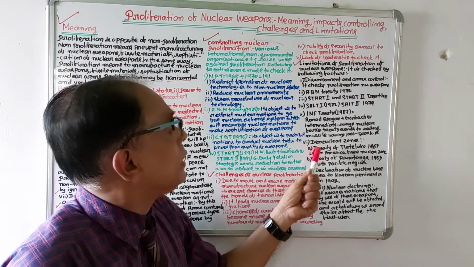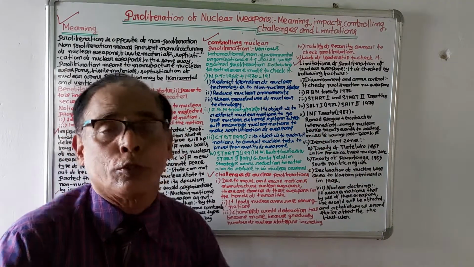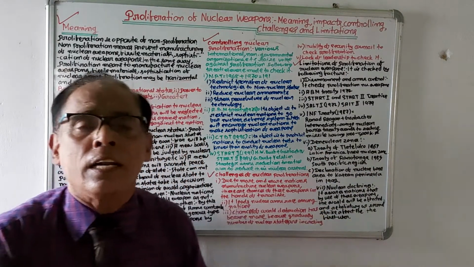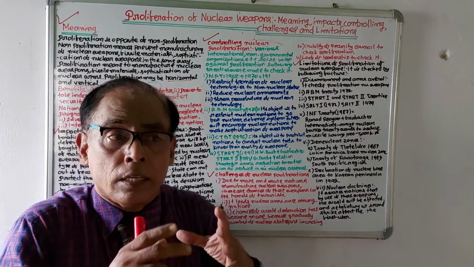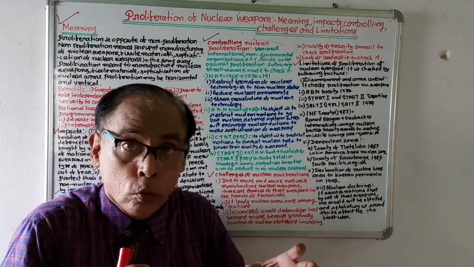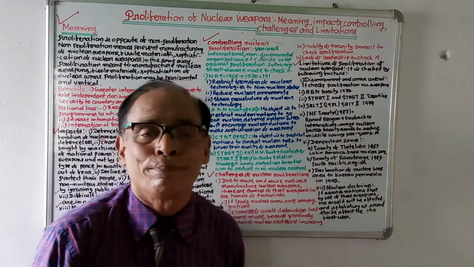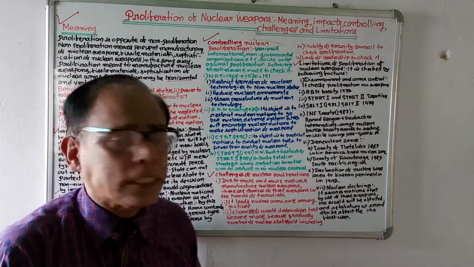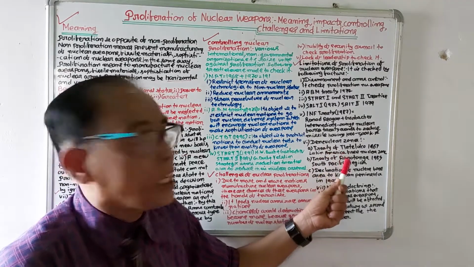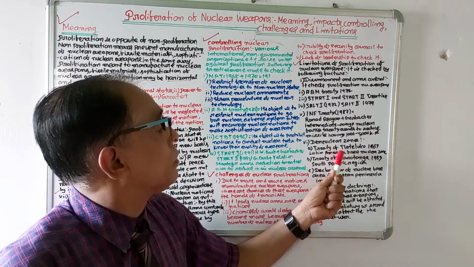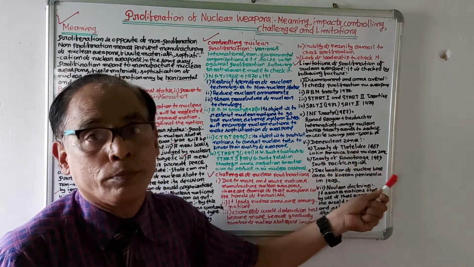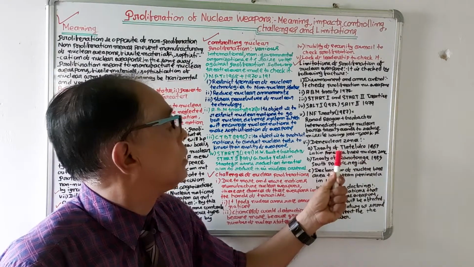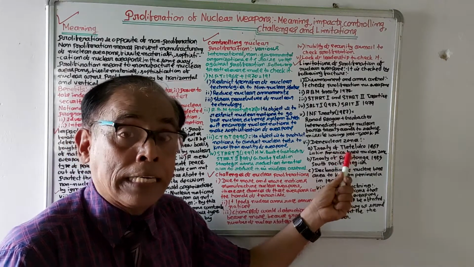Then denuclearization zones. Now nations are discussing that they will not manufacture nuclear weapons in their area. So various nuclear free zone treaties have been signed. Number 1 is the Treaty of Tlatelolco.